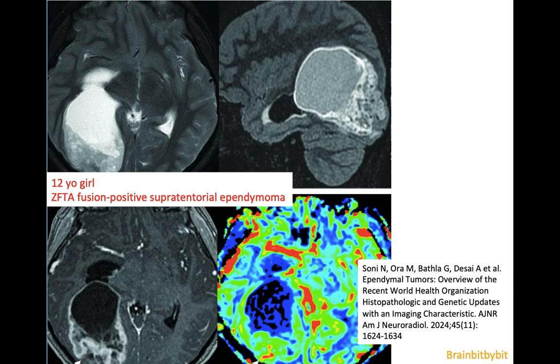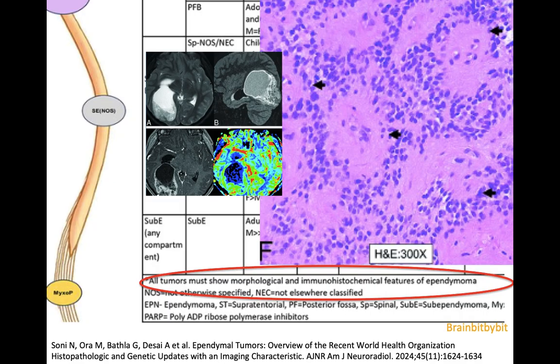Although the molecular markers are important, the neuropathologist in our hospital always says you have to make the diagnosis of brain tumors on your basic histology, so on your pink and purple H&E staining. And ependymomas are characterized by these pseudorosettes, where the tumor cells are arranged radially around a blood vessel.